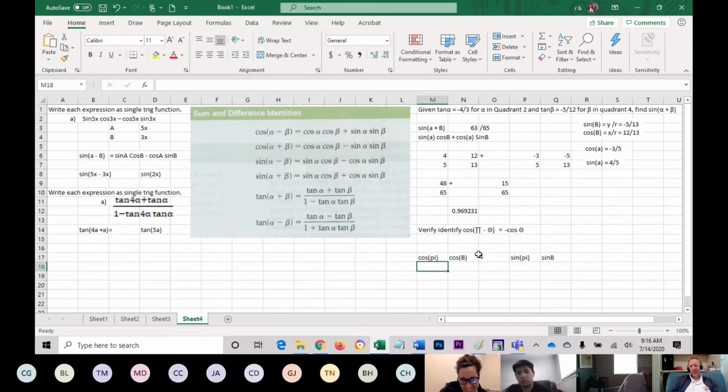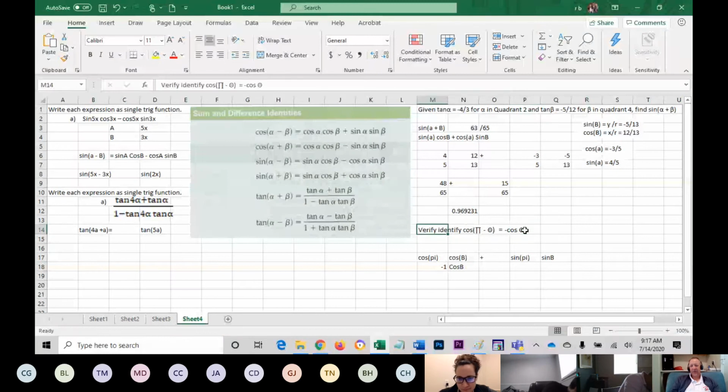Shoot. Isn't it? Or no, it's -1. -1 times the cosine of beta. What's the sine of pi? 0. So you just verified that. So the cosine of pi minus theta is the negative cosine of beta, whatever the letter, theta.